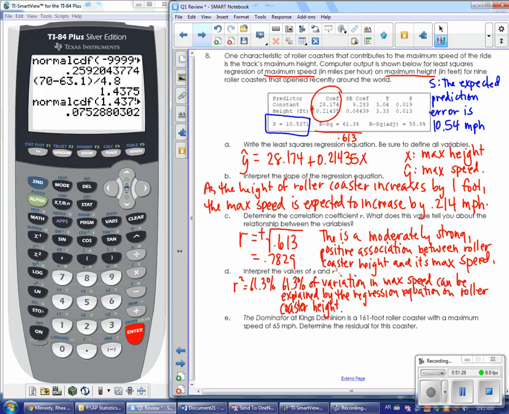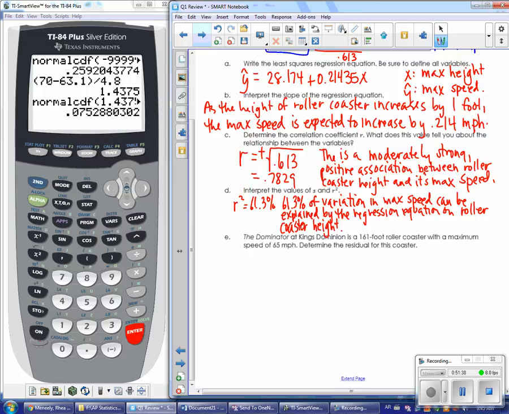In letter E, it says the Dominator at King's Dominion is a 161-foot roller coaster with a maximum speed of 65 miles per hour. It says to determine the residual for this coaster. So let's think about what a residual is. A residual is a deviation. And whenever we're computing a deviation, we always take our actual minus what we expect.